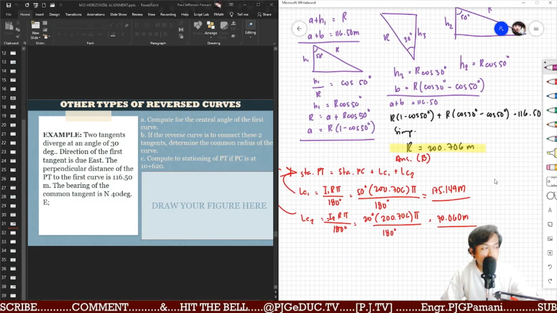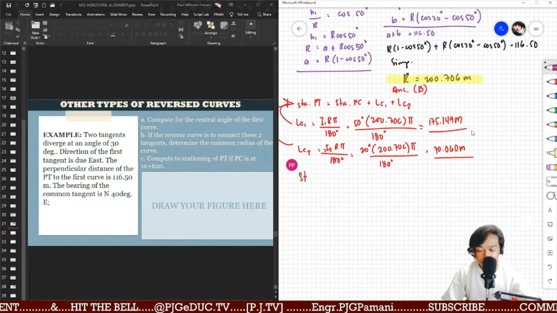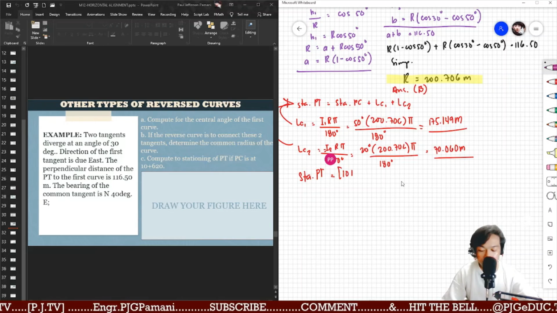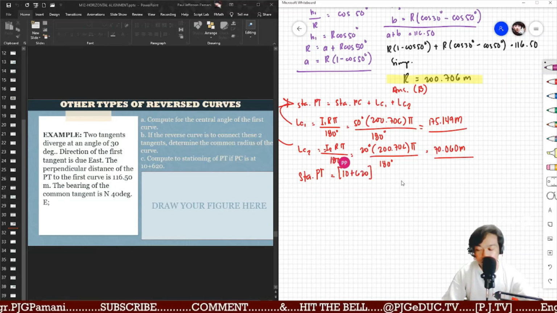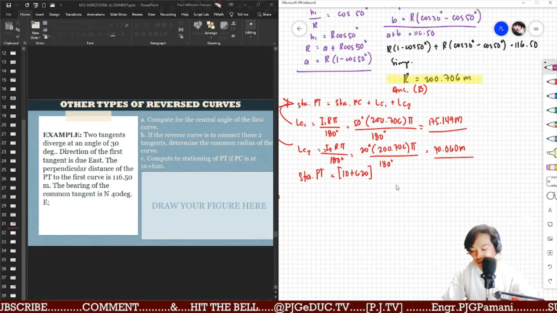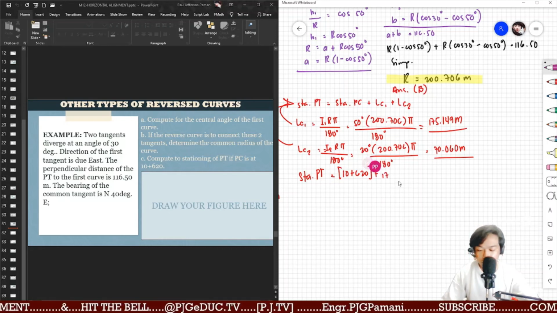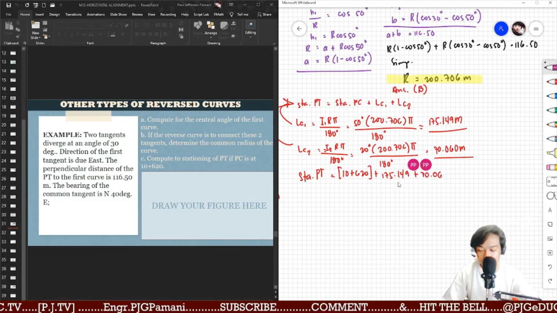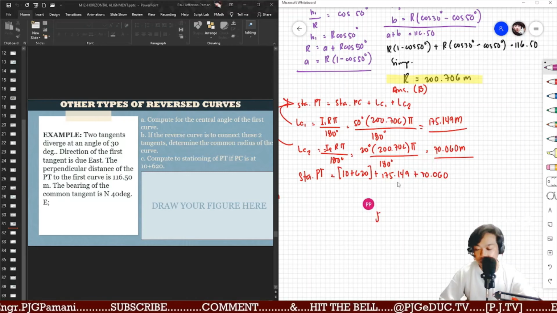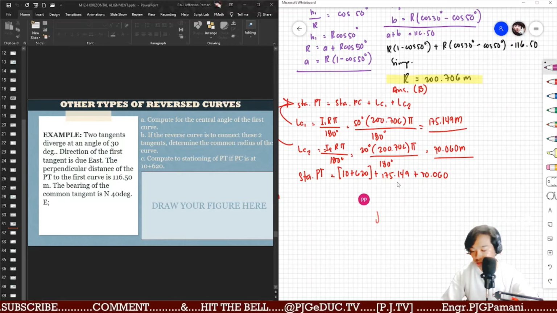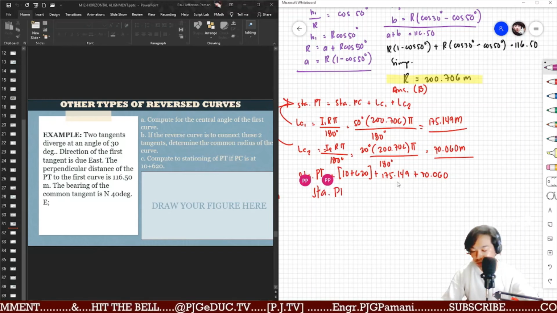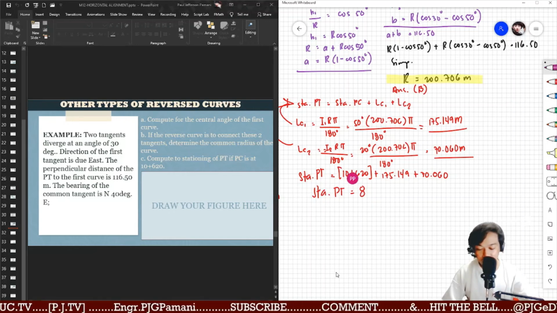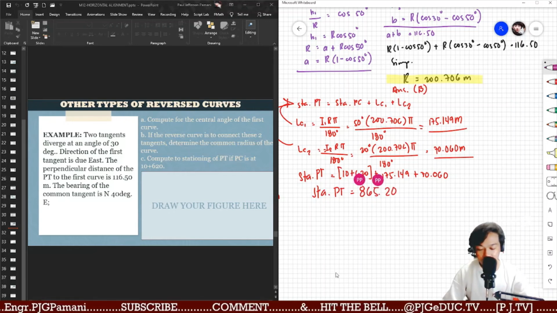Station PT will now be equal to station PC of 10+620 plus length of the arc of the first curve, 175.149, plus the length of the arc of the second curve. So station PT will now be equal to 865.209 meters.